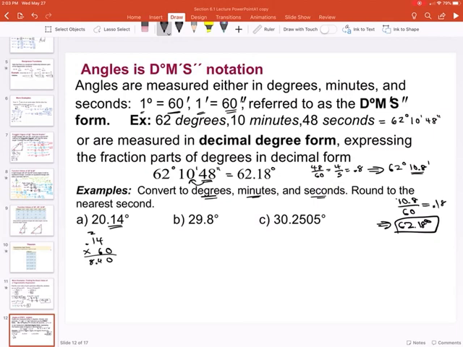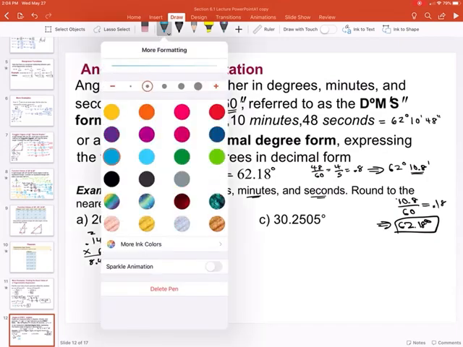So again, there's our conversion. This is equal to 20 degrees and 8.4 minutes. Now let's convert the minutes over. We know there's 60 seconds in a minute, so let's convert to seconds. What's 0.4 times 60? 6 times 4 is 24. We have 1 decimal place, so there it is. There's our conversion.